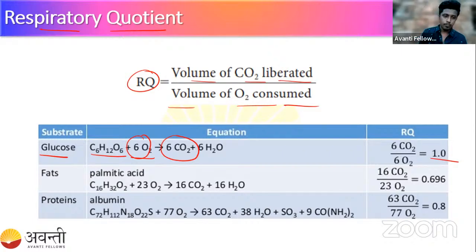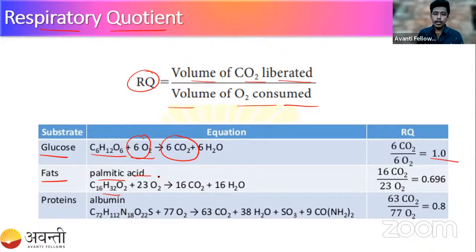Remember this. Whereas if you consider the same thing for fats, a simple fat would have a formula like palmitic acid. Remember the name, palmitic acid is the example we have taken for fats. The formula for palmitic acid is C16H32O2.